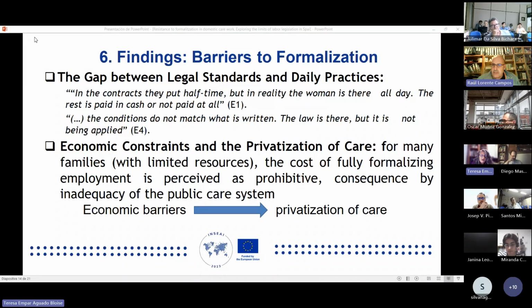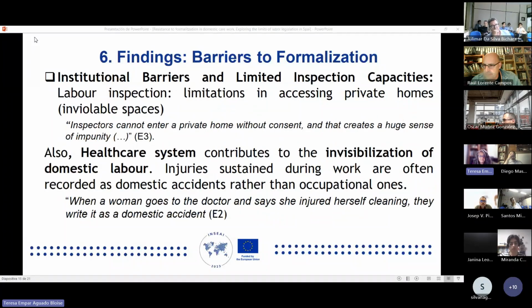This reduces incomes, limits social protection, and normalizes partial compliance. Employers often frame this as a matter of trust. We don't need so much paperwork. But the consequence is the systematic erosion of labor rights.